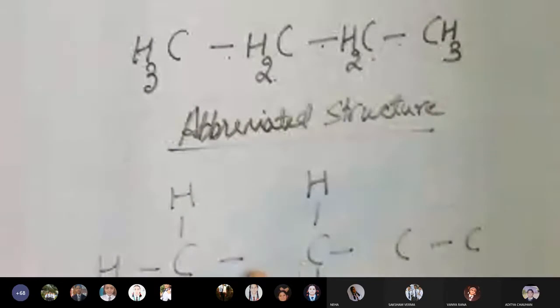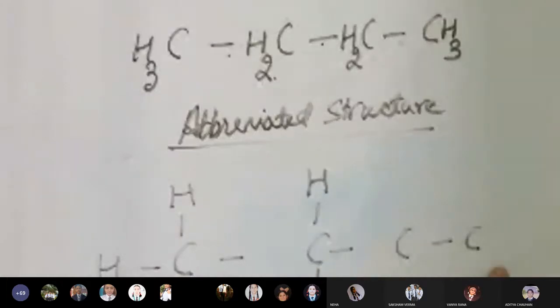For this carbon, 2 bonds are already formed, so I have to attach 2 hydrogens. I will attach one here and one here. Don't attach any hydrogen on this side, because in organic chemistry, carbon and carbon join each other, and only then does it become an organic compound. So it is a self-linking property, which is also being shown here. After that, carbon number 3 again requires 2 hydrogens, and this is terminal.